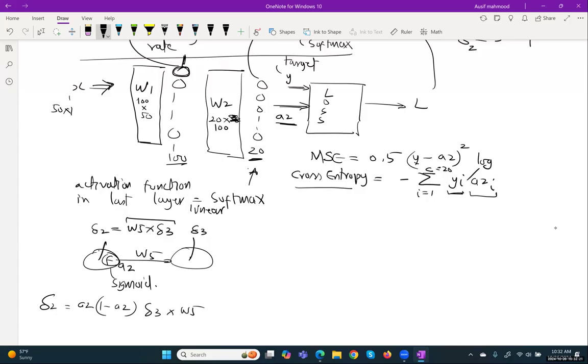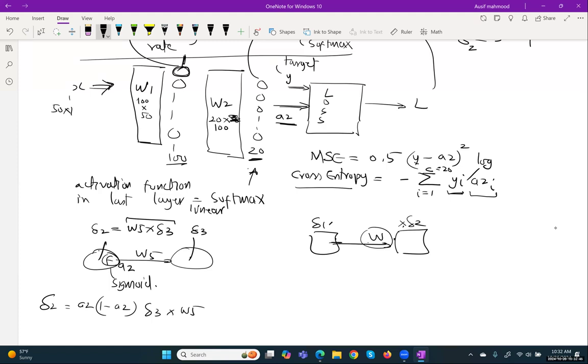So in short, if there's some weight connecting one layer to another, when we try to come up with this delta, definitely this W will be multiplied with this delta to get to this point, right?